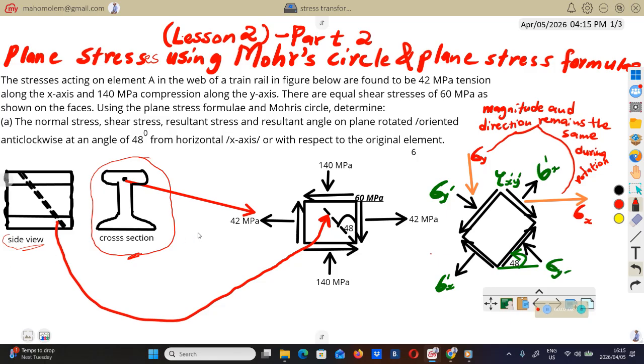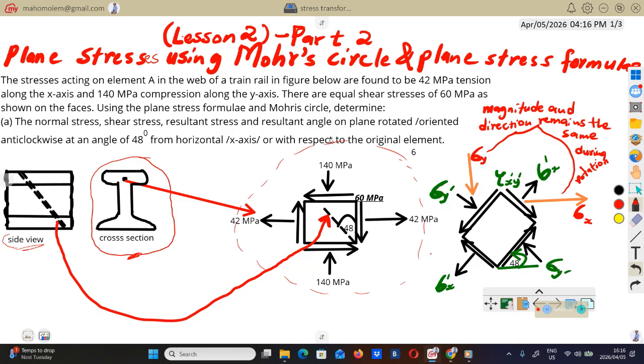Now this is what we call the element, this whole thing here. This element just represents a particle or a portion of this rail material. So we're going to consider a certain particle from this rail material and then enlarge or exaggerate it, as you can see here.